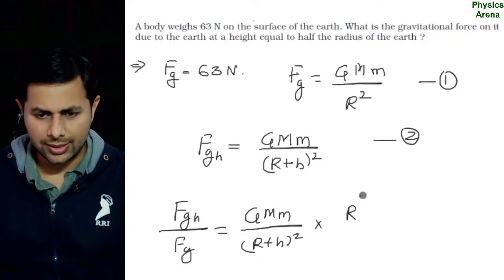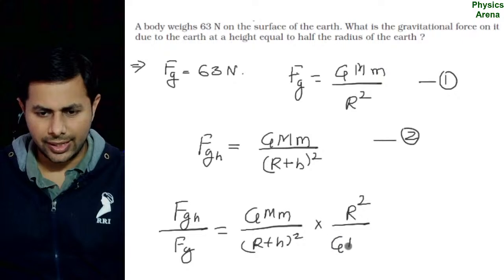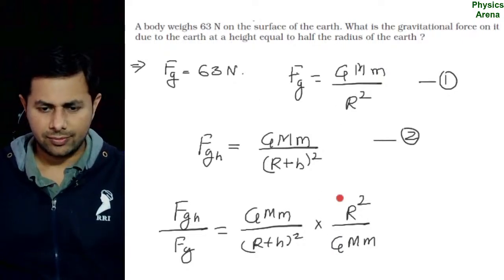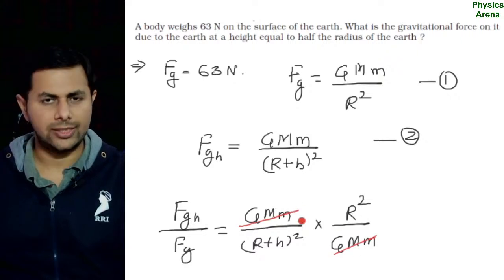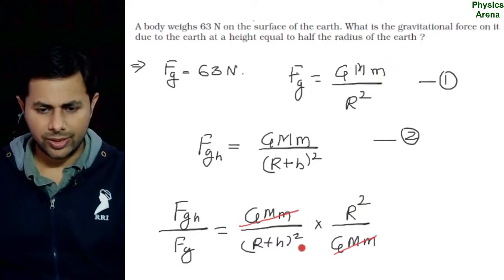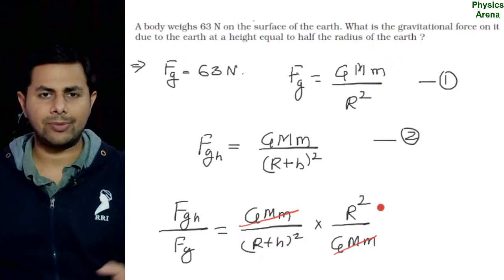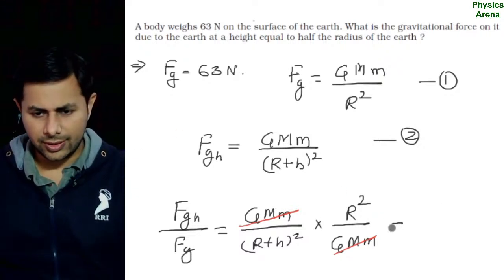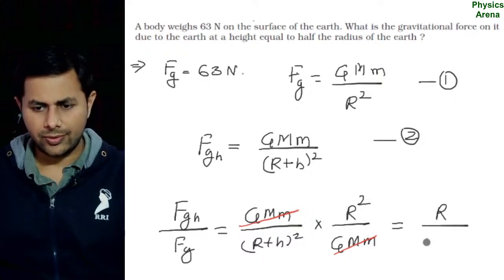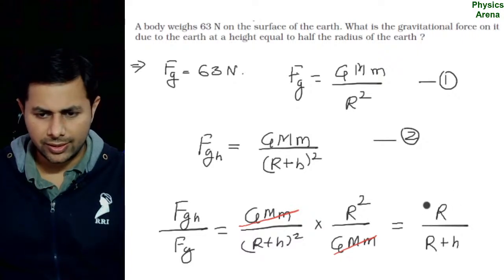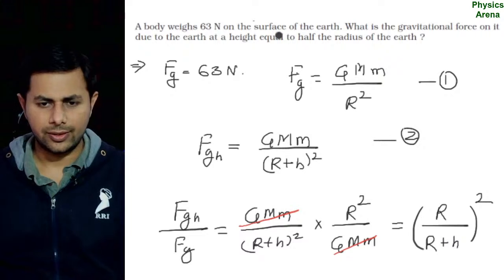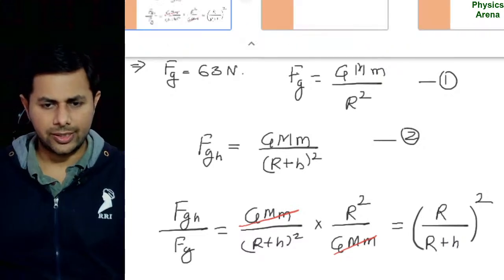Okay, so I will write r squared over GMm. So we can see that this GMm and GMm get cancelled out, and what we are left with is r squared divided by (r plus h) squared, which I can write like this also. Okay, so then let's take this on next page.